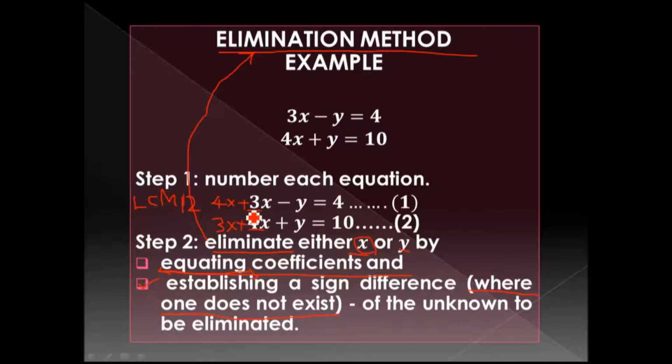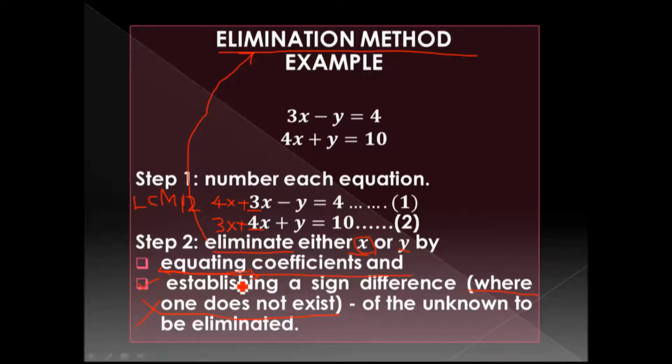Those are the initial coefficients. So going back to the initial coefficients of x, we had positive 3 and positive 4. Clearly you can see that there is no sign difference between these two coefficients. They are both positive. But suppose there was a sign difference, if one was negative and another was positive, then there would be no need to use this process.